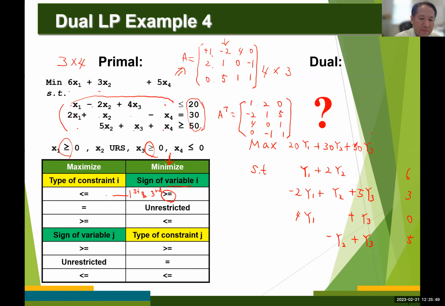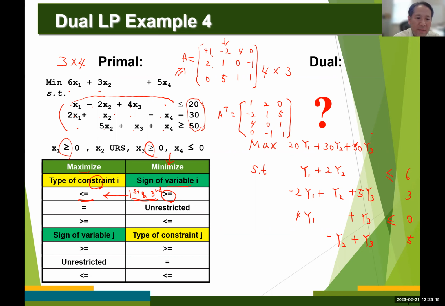Using this conversion table, this implies that in the maximization problem, the first and third constraints must have less than or equal signs. So here in the dual system, the first constraint and the third constraint have less than or equal signs, okay?